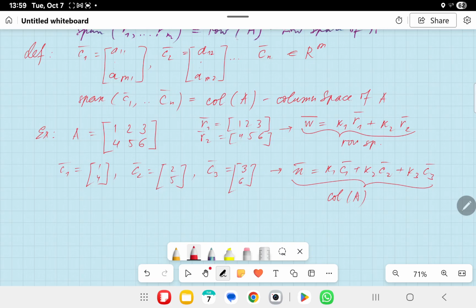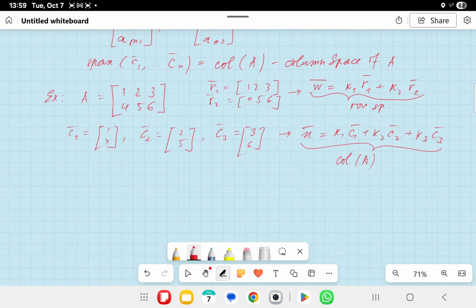Okay, so what is next? The last space we need to talk about by definition is going to be the null space. Definition. The null space of matrix A is going to be the solution space of the linear equation AX equals 0, so of a homogeneous linear equation, so the solution space.